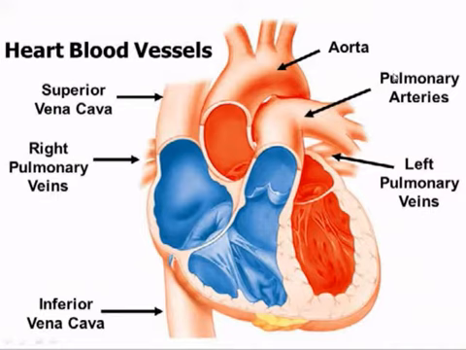After oxygenation, the blood returns to your left atrium through the pulmonary veins. Once it reaches the left atrium, the blood is pumped to the left ventricle, and the oxygenated blood goes to the different parts of your body through the aorta.